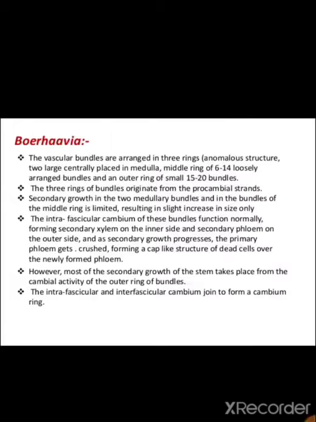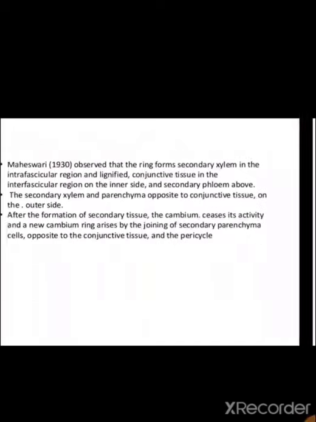Hence, at these four points, lesser amounts of xylem are cut off internally, whereas massive amounts of secondary phloem are cut off externally. These phloem masses intrude inwards, forming four deep wedges of irregular width, supported by transverse bands of sclerotic cells.